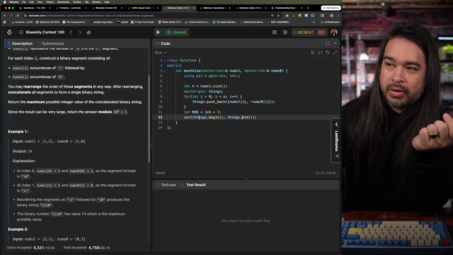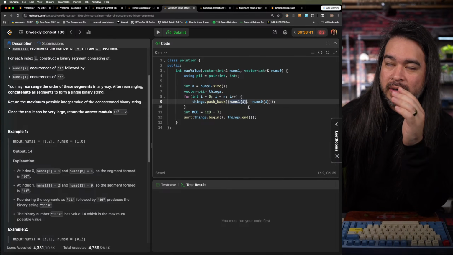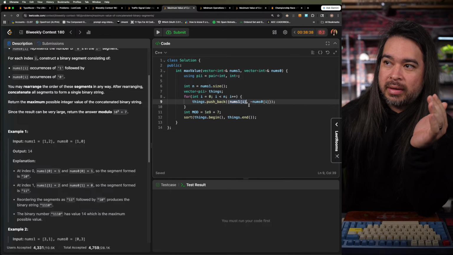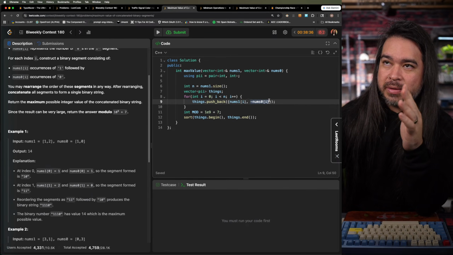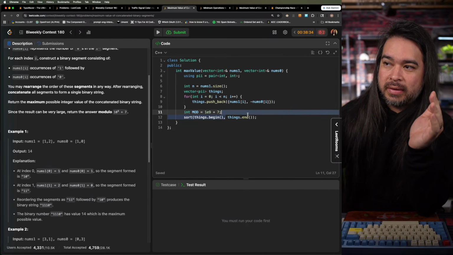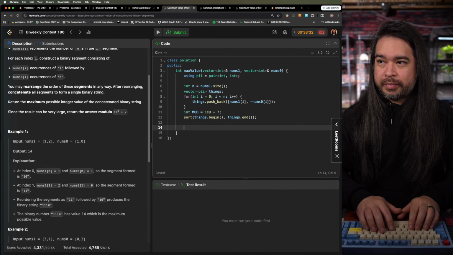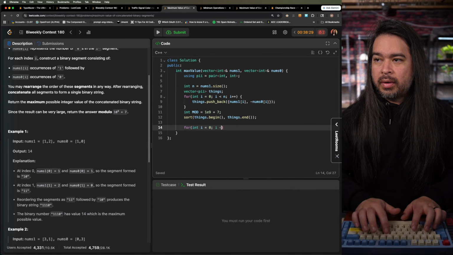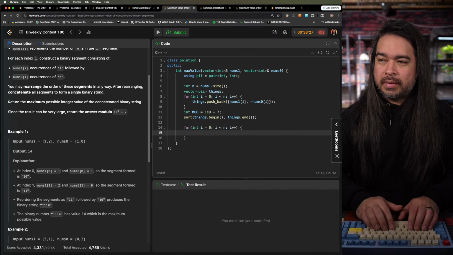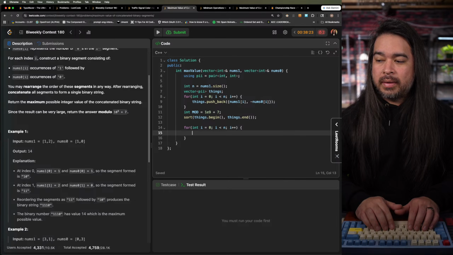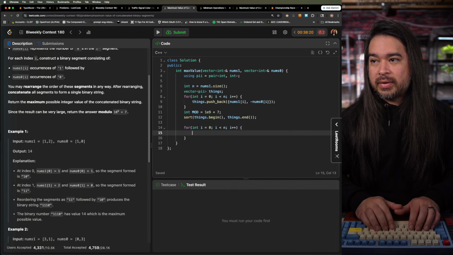So I should sort them where the smallest nums1 is on the left side, followed by the largest num0 on the left side. So yeah, like that. Right? And then I guess we can calculate what it is based on the set bits that we're at.